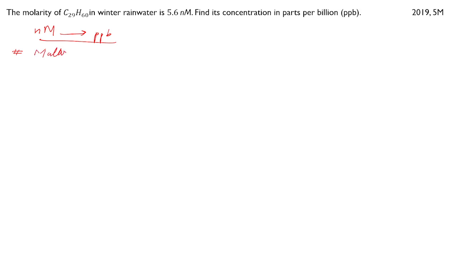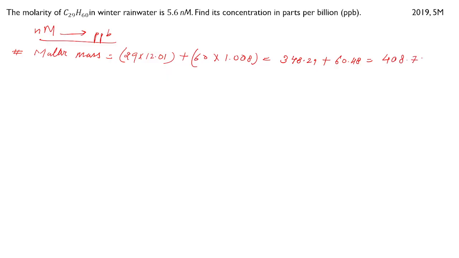Molar mass is equal to 29 multiplied by 12.01 plus 60 into 1.008, and the value is 348.29 plus 60.48 equals 408.79 gram per mole.